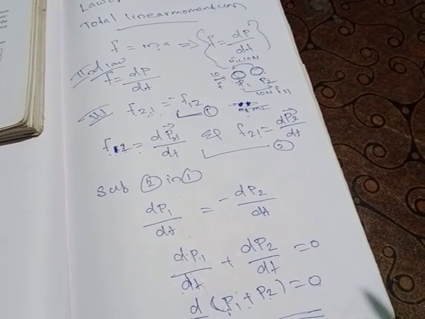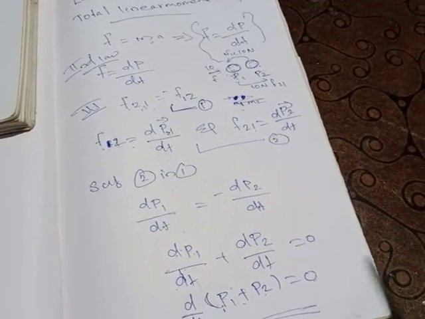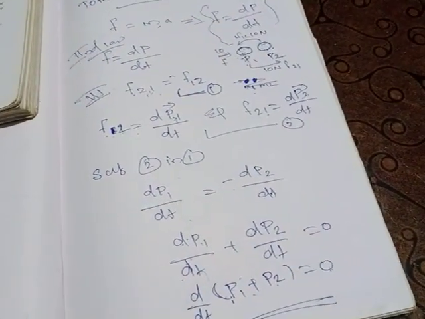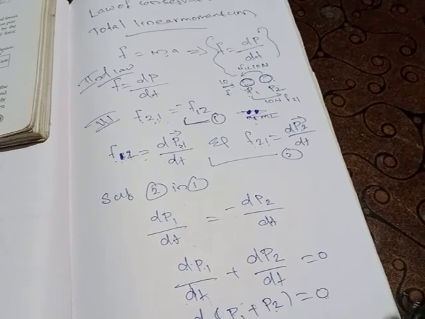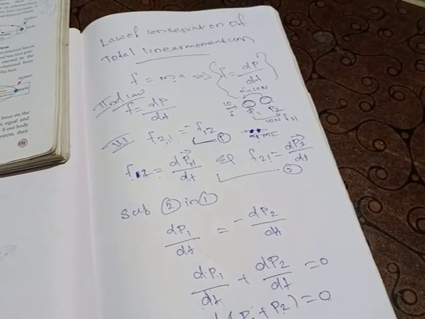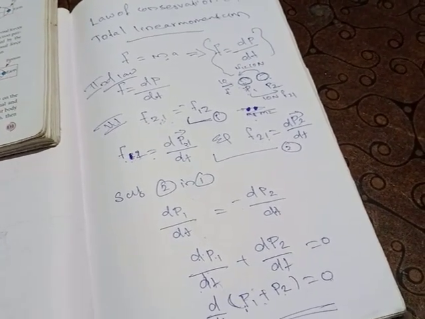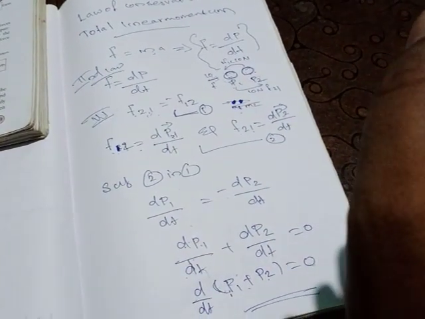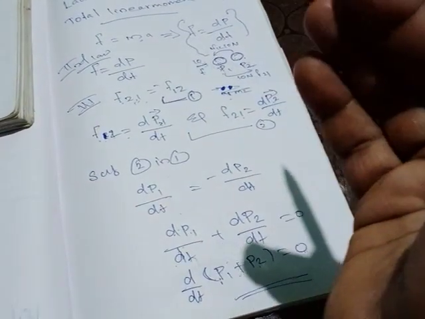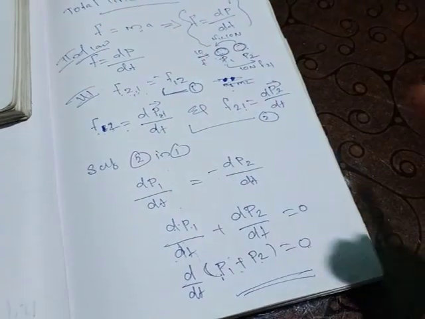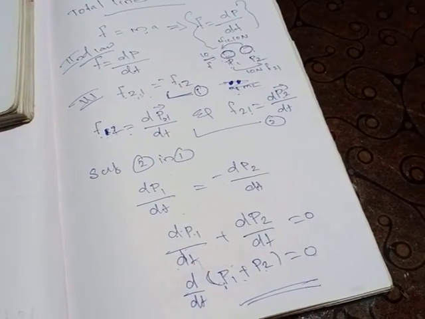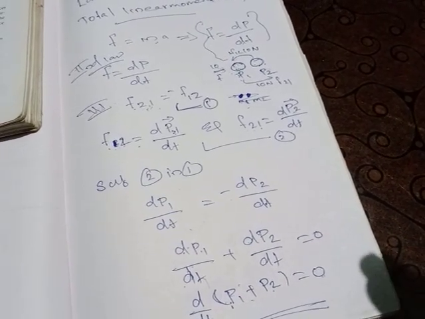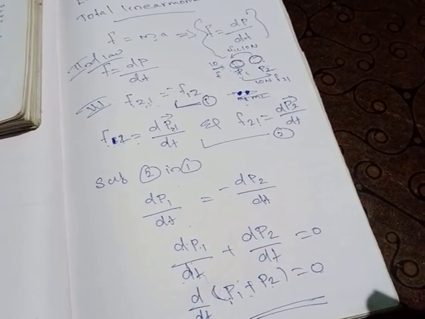So if there is no force acting on the system, that gun and bullet, assume that there is no force acting on that, then you can tell that there won't be any change in the total linear momentum, because only if there is a change in force exerted on that object will there be a change in momentum.